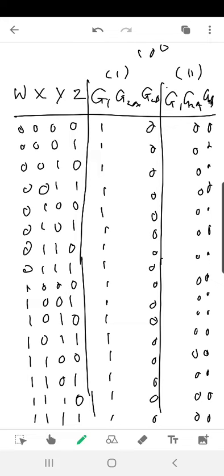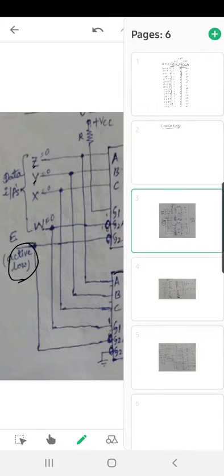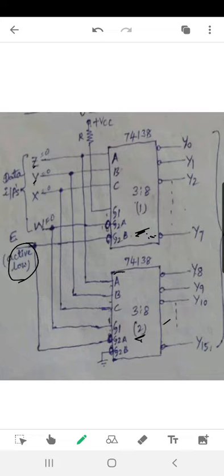Now let's go to the diagram and see that G2A of the first decoder and G1 of the second decoder are connected to the input W. That means the value of W will be directly applied to G2A of first and G1 of second.